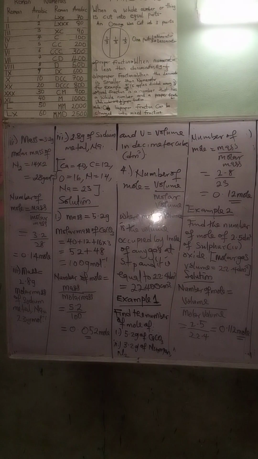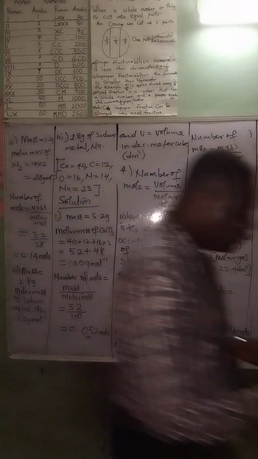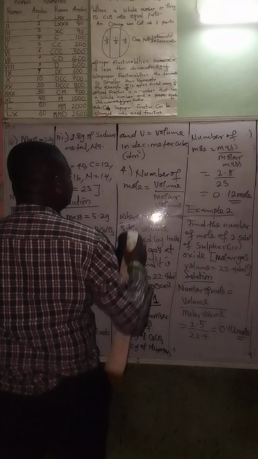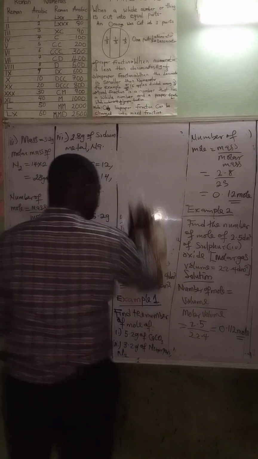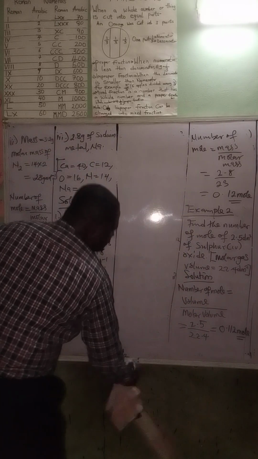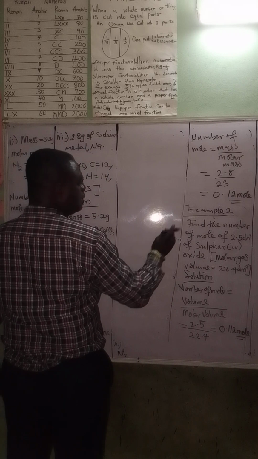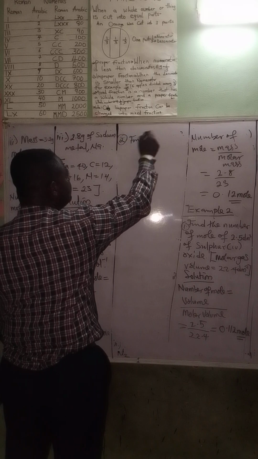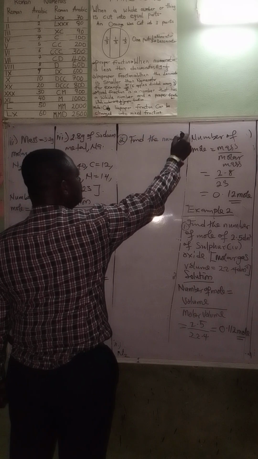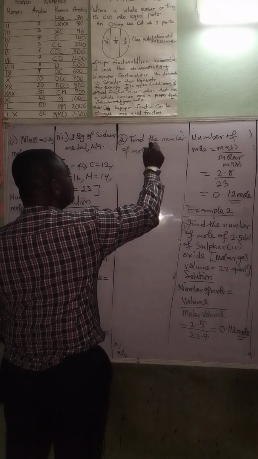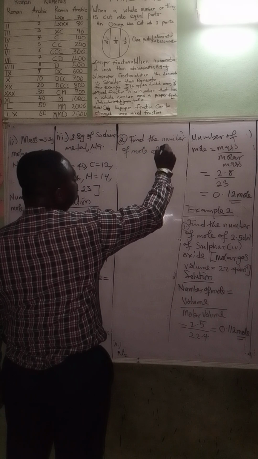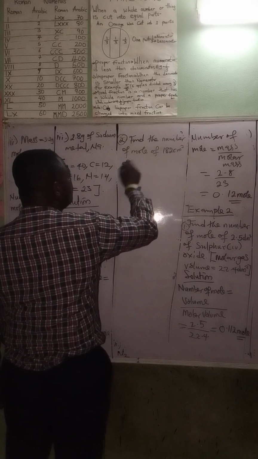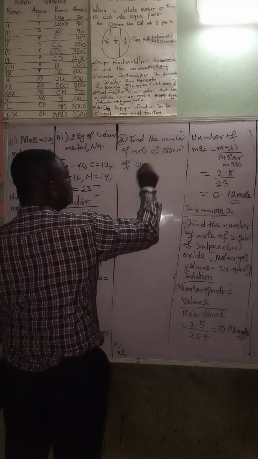So that is that. Move on. Number 2. You can be asked, find the number of mole of 182 cm³ of oxygen.